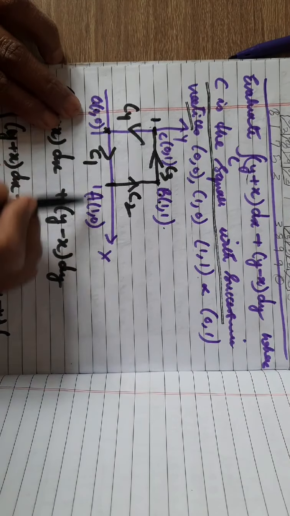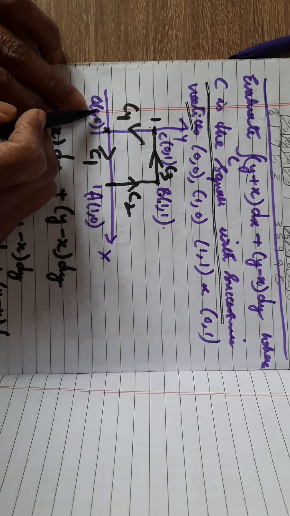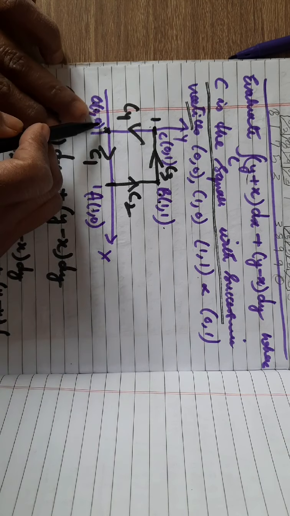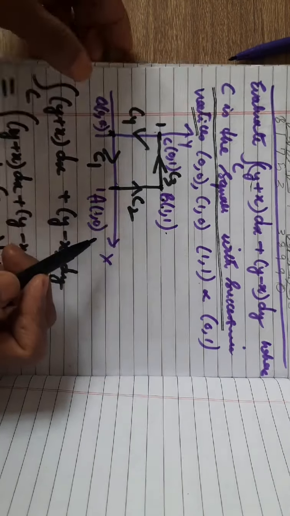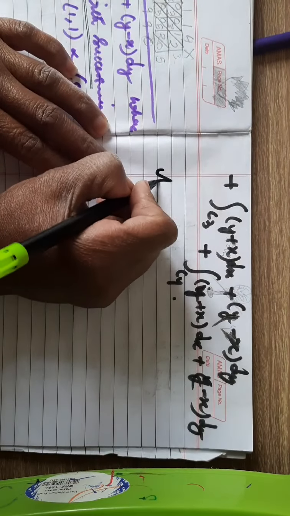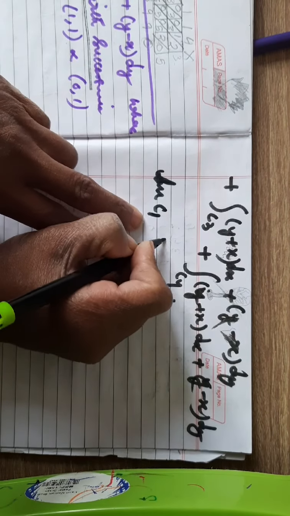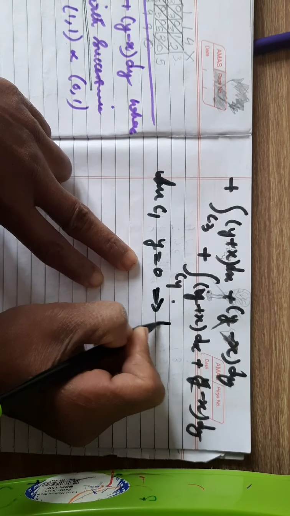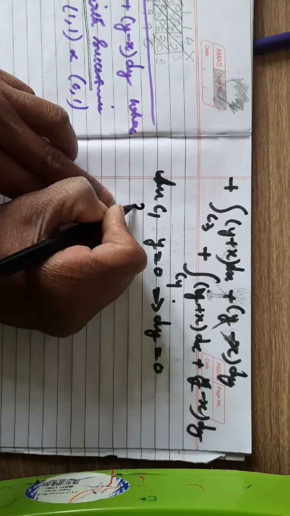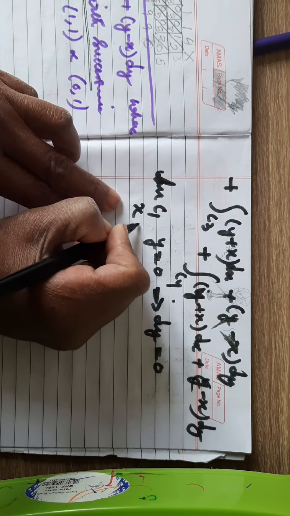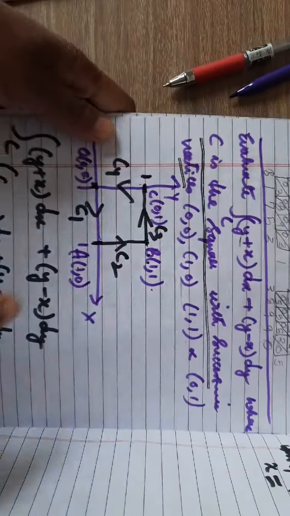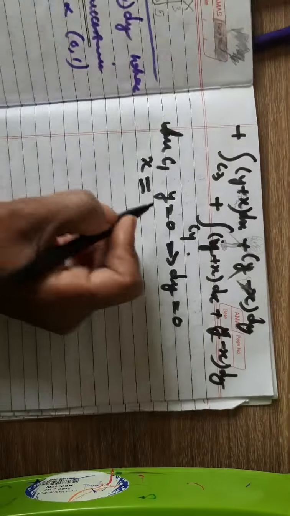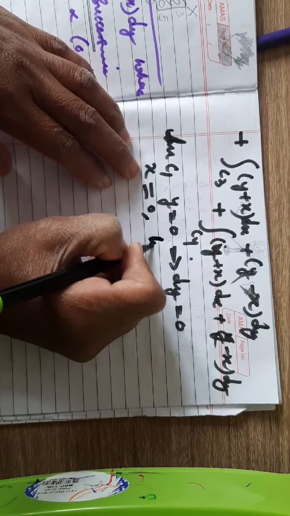So now let us see along the line C1. You can see that along the line C1, the x coordinate is 0 here and it is 1 here, but the y coordinate remains as 0. So in C1, y is fixed as 0. This implies that dy becomes 0, and x varies from 0 to 1.